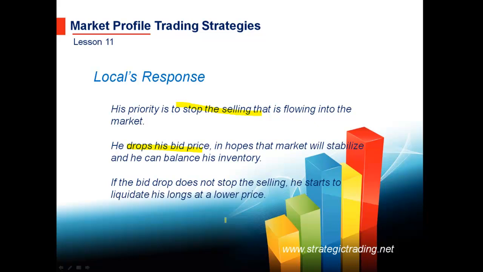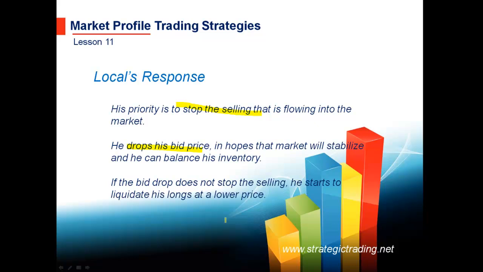So they look in the order book and they see, where is the other time frame buyer? Where are they sitting, waiting, willing to buy? He wants the help of this other time frame buyer to come in and use their force to push prices back up. So all of a sudden, you will see the bid price drop dramatically down to a certain price and then jump right back up.